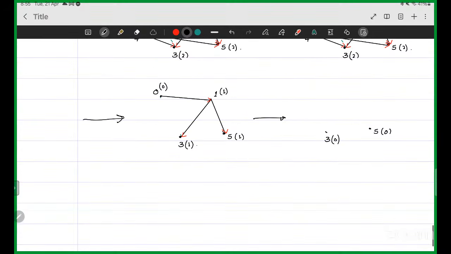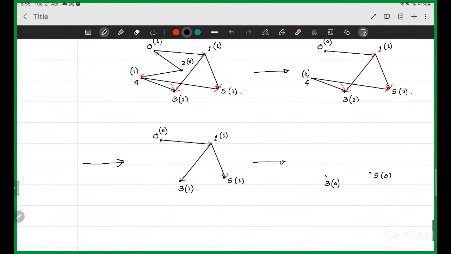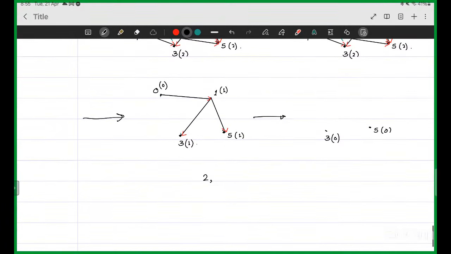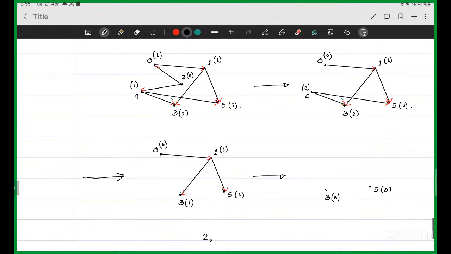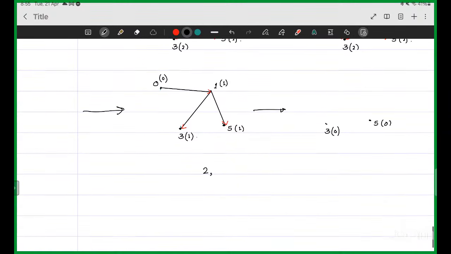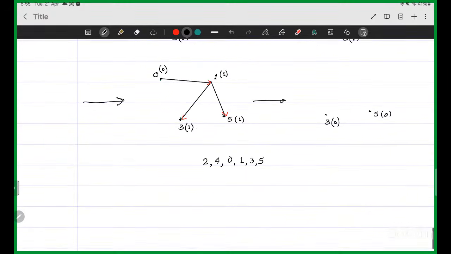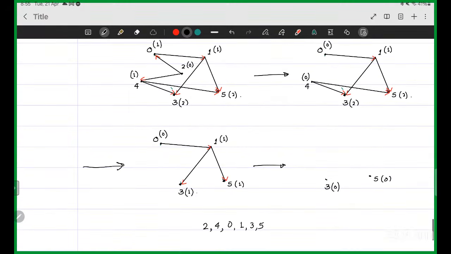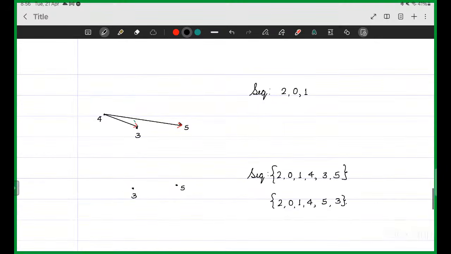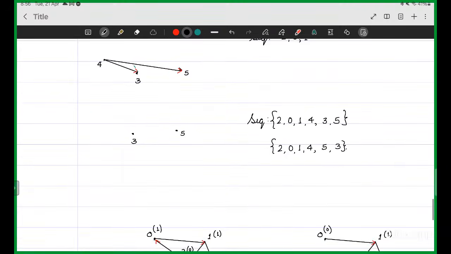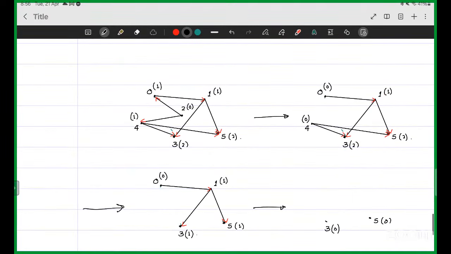And the sequence that I get this way is in the first step, I remove 2, then I remove 4, then 0, then 1, then 3, 5, just listing it out. 240135 is a valid sequence. 201435, 201453, all of these are valid sequences. Just using the graph and the in degrees written against them, you can do this.